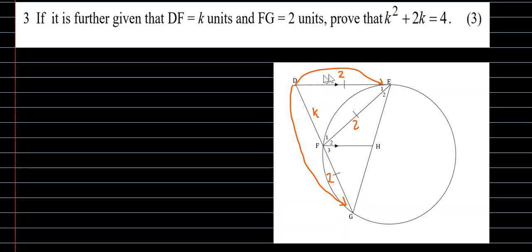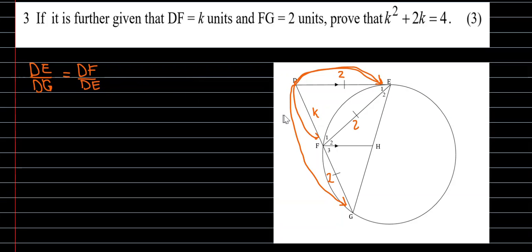So we're just going to say DE over DG. DG is equal to DF, so we're just going to say DF over DE, right?